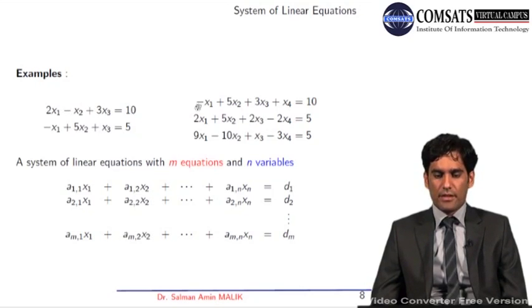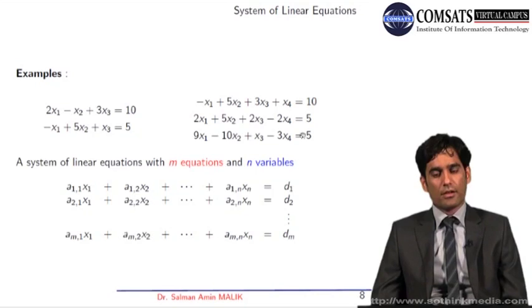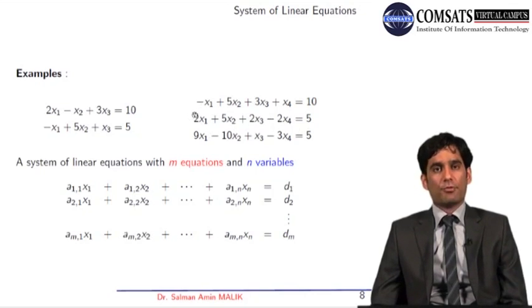Let's consider another example, in which we have the 4 variables x1, x2, x3, and x4, and we have 3 equations. All 3 equations involve the 4 variables. So this is a system of linear equations with 3 equations and 4 unknowns.